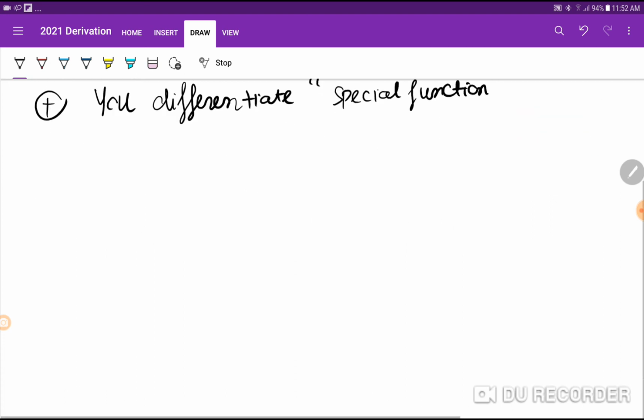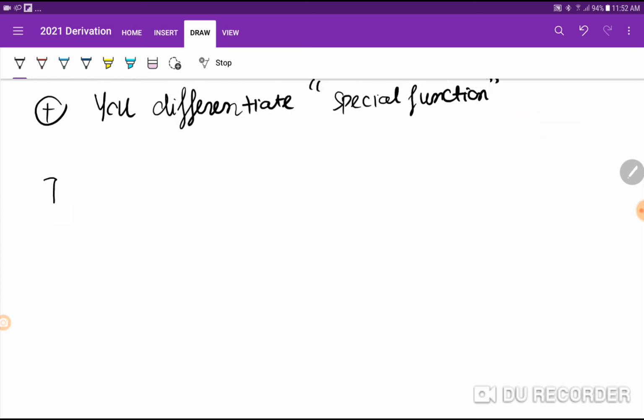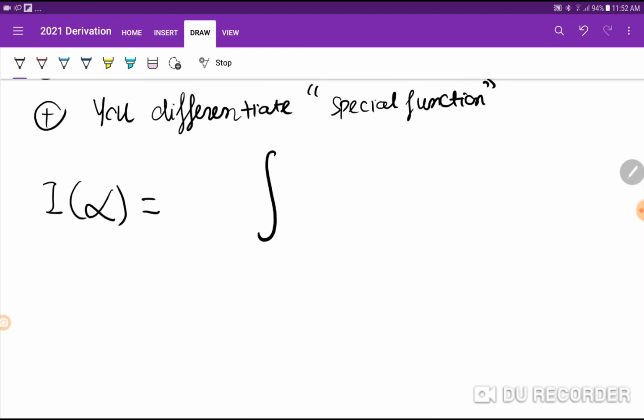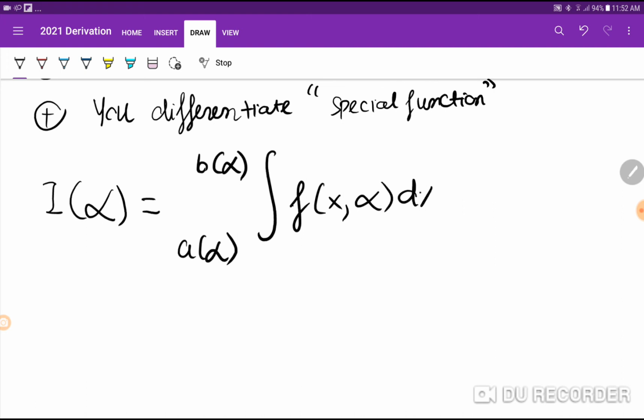Okay, so let's say you have a function I, and your function I is a function in terms of alpha. And this is being defined as the integral from a(alpha) to b(alpha) of f(x, alpha) dx.